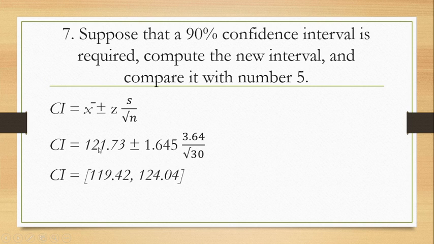So we're going to subtract first. 121.73 minus 1.645 times 3.64 over square root of 30, and we'll come up with the answer 119.42. And the second is 121.73 plus 1.645 times 3.64 over square root of 30, and we come up with 124.04.